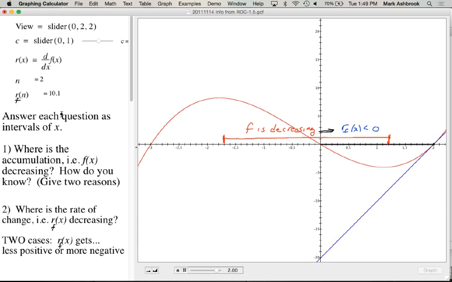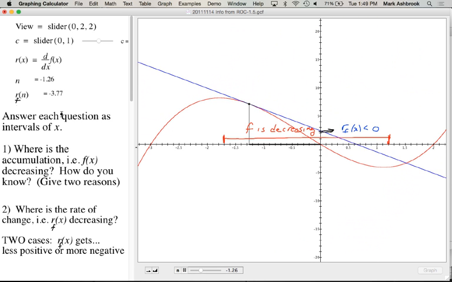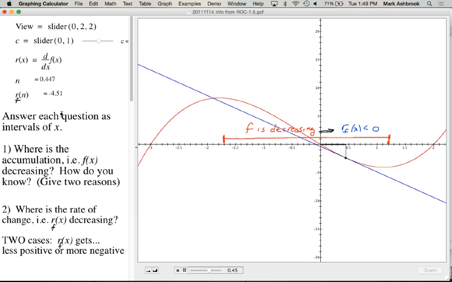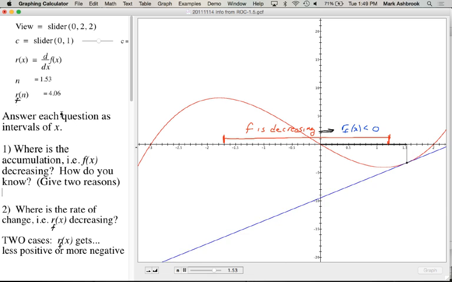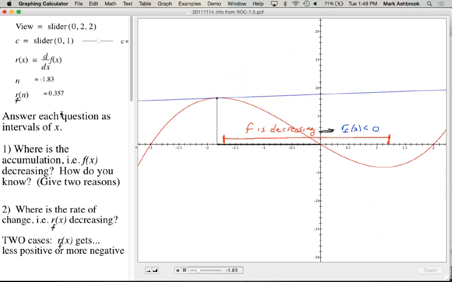Okay, let's see what you guys talked about. Jake, what did you talk about, or where do you think the rate of change is decreasing?